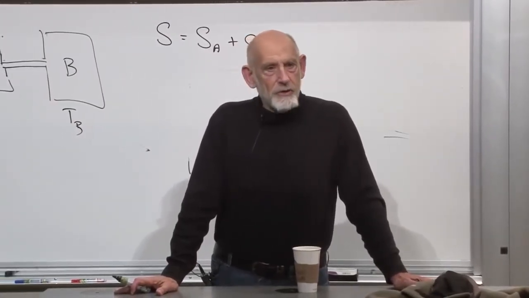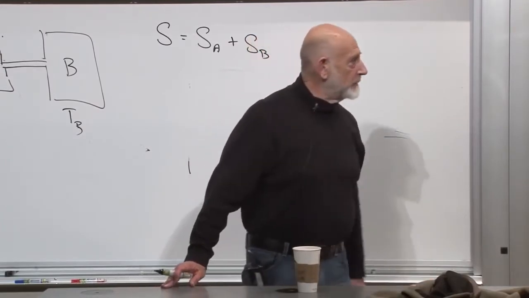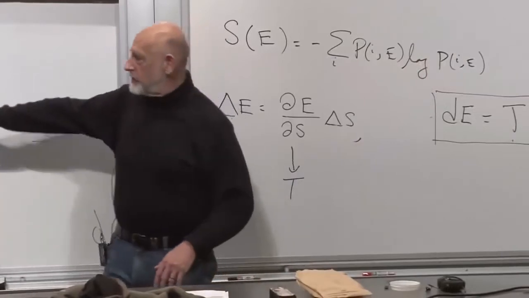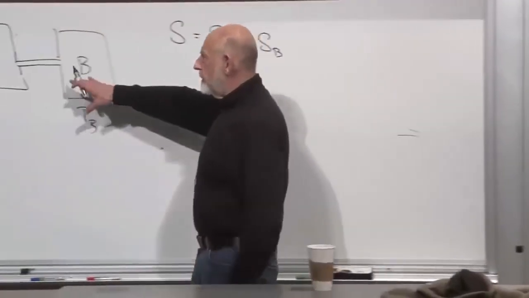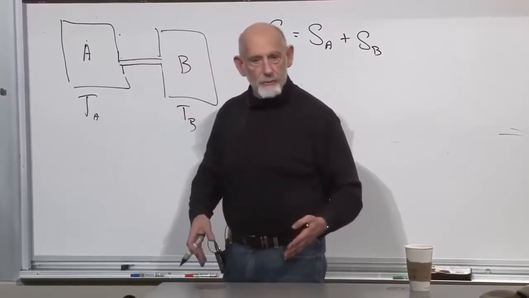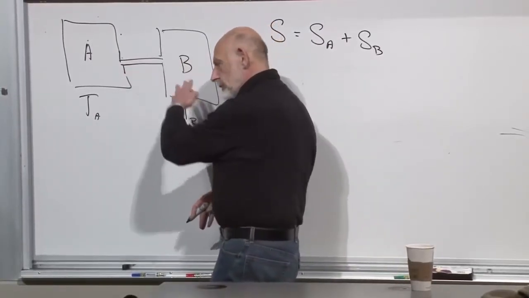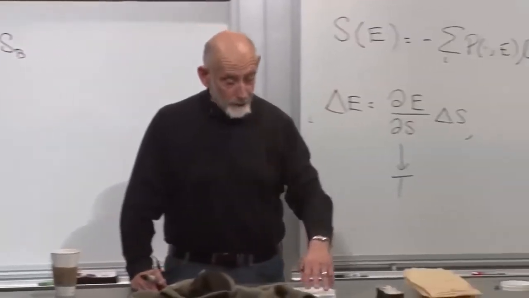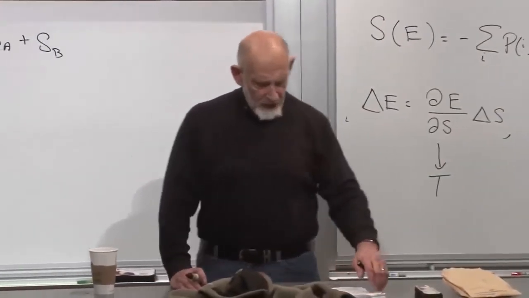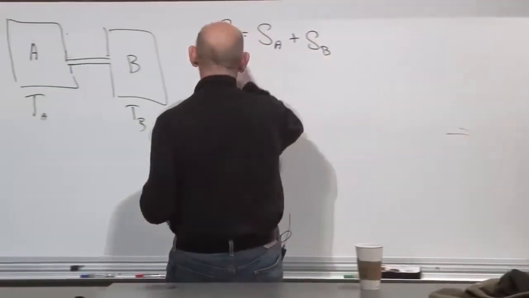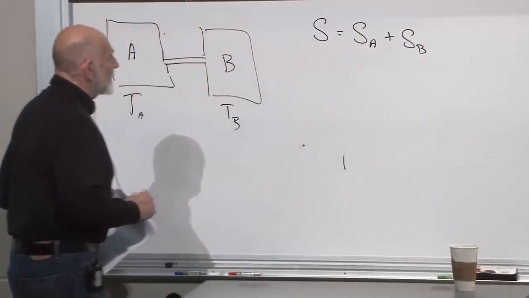Because it's the logarithm of something, probabilities multiply. If you have two systems and each one has some probabilistic description, the probability for the whole system to have some property multiplies. If you take the logarithm of probabilities, it adds. So the entropy of the whole system is SA plus SB.